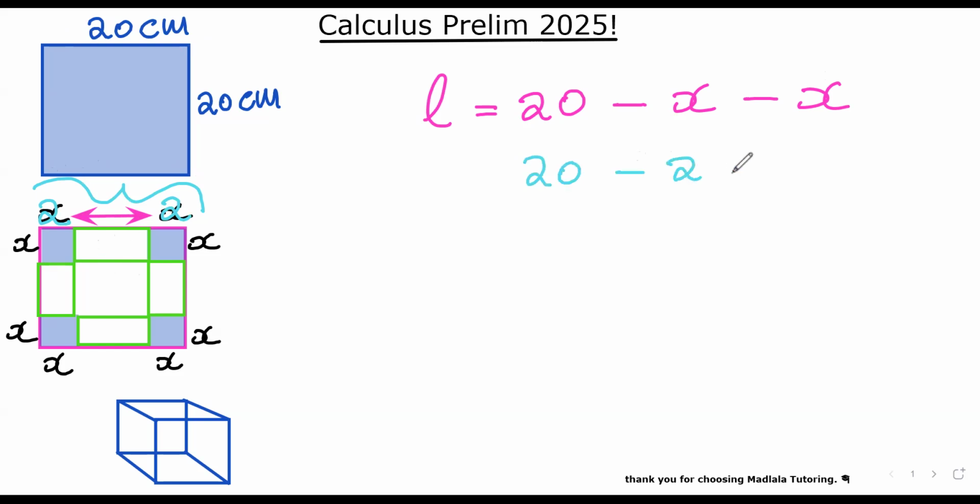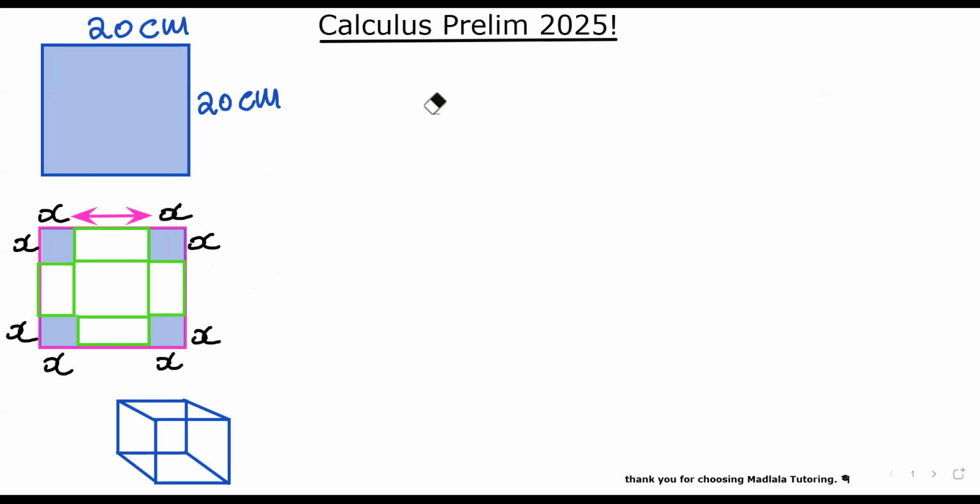It would have been 20 minus 2 minus 2, which is just 20 minus 4, and that's going to be 16. But here we don't know what's the length of each square, but we know that the squares are equal to each other, so we let the length be x.